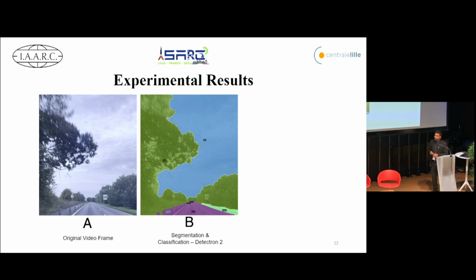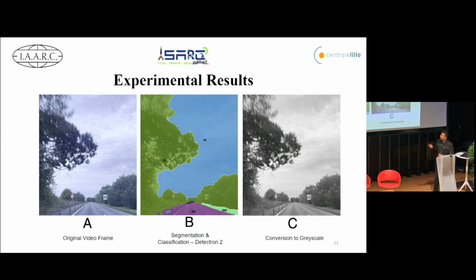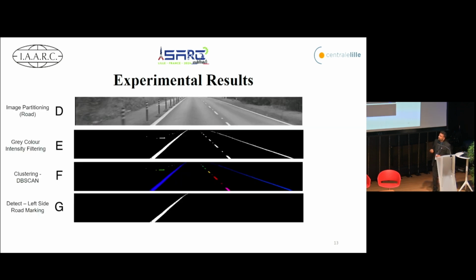Second, we segmented and classified it using the Detectron2 algorithm, which detects the roadside vegetation apart from the pavement and the grass. The third step is conversion to grayscale. Now we wanted to use roadside markings for detecting overgrown vegetation, so we did image partitioning and then applied a threshold for intensity filtering.